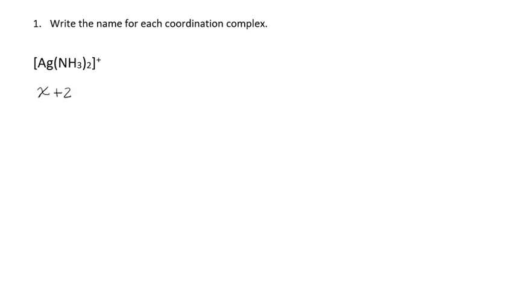The amine ligand is a 0. We have 2 of those. And those have to add up to the +1 that is the charge on the entire complex. So what we end up with is X equals +1. So that's the charge on our metal ion. So we know that we have silver +1.